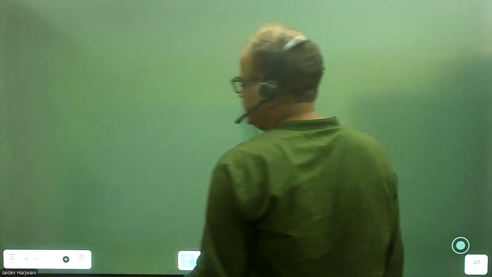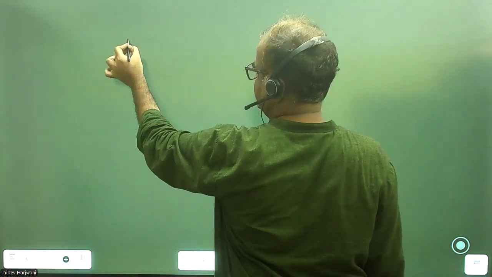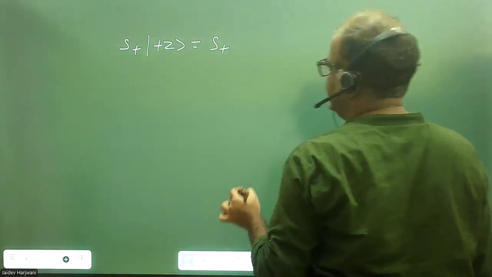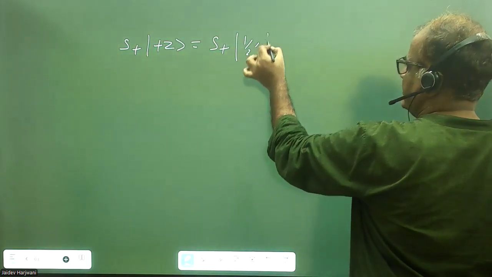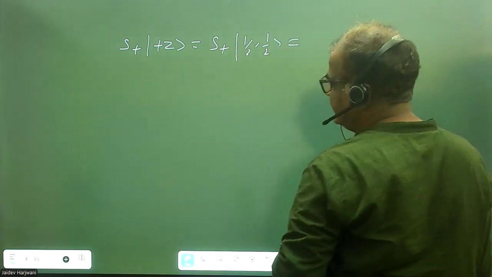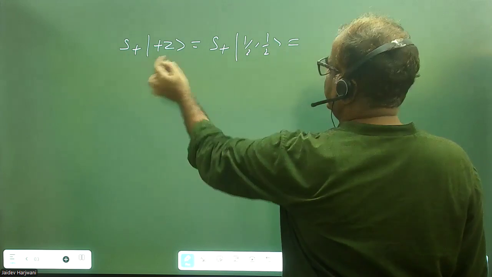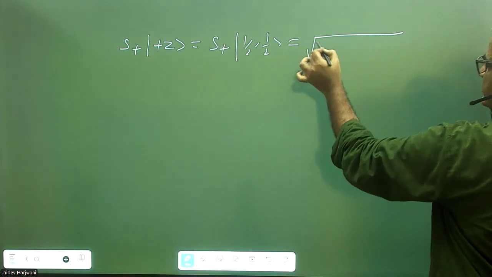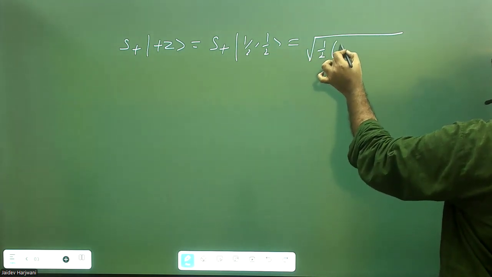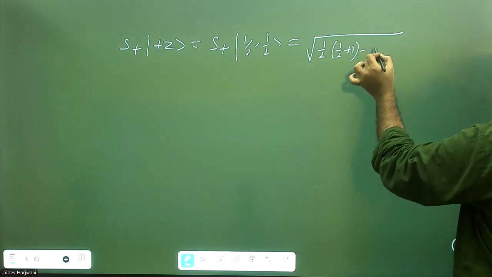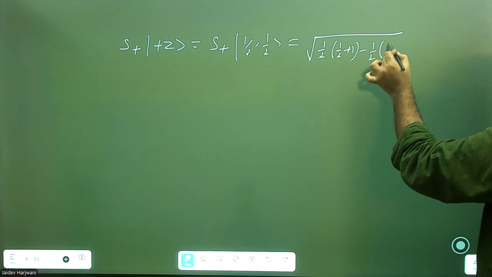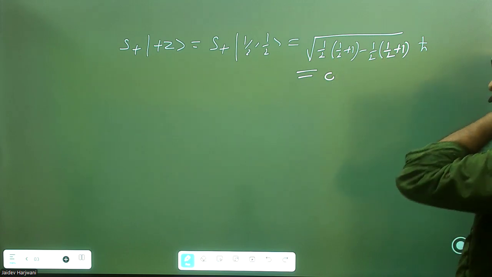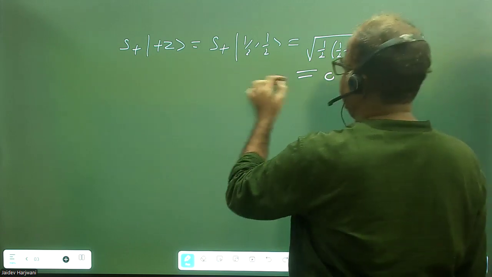For that, I need to operate S plus on the plus Z state. That means I want to operate S plus on |1/2, 1/2>. Because you cannot increase m now, this should come out 0. If I write the eigenvalue s(s+1) minus m(m+1) with m equal to half, times ħ, this comes out 0. So when S plus operates on the plus state, it gives you 0.